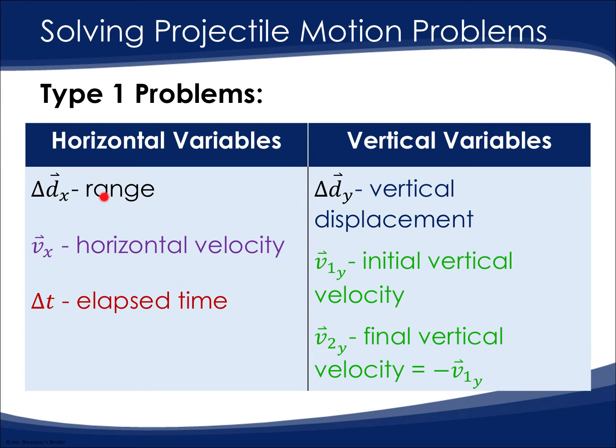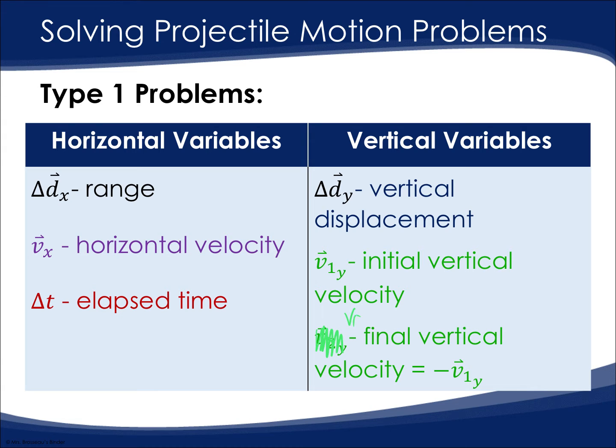All right, so again, we have our range, our horizontal distance, horizontal velocity, and total time. dy, we have our vertical displacement, so how high up. VIY is initial vertical. VFY is final vertical. I know this PowerPoint uses a 2 and a 1, but we like VF and VI.